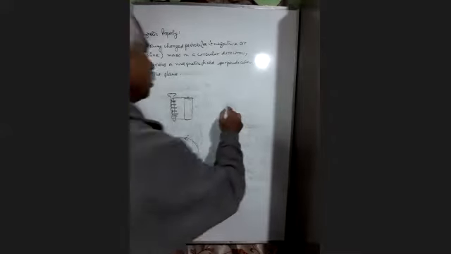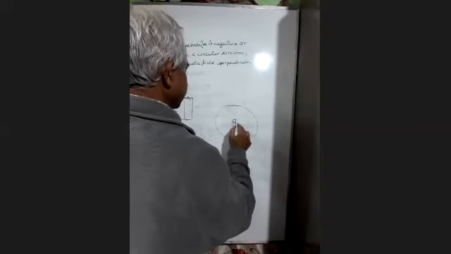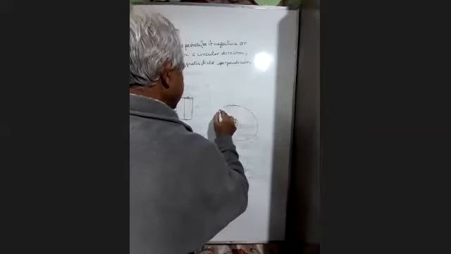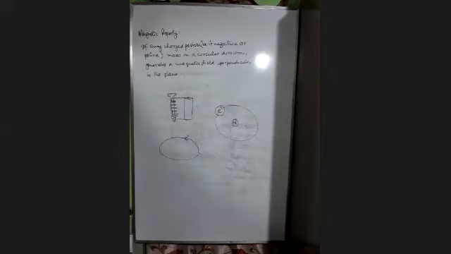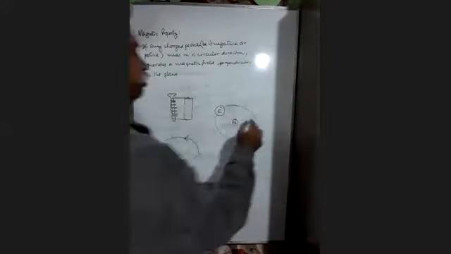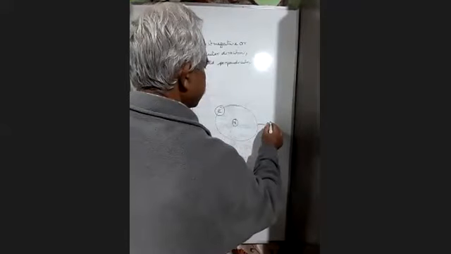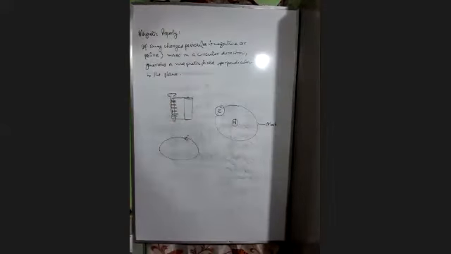So in an atom, what do you have? There is a nucleus, and the electron is moving. When it moves along the orbit, it generates a magnetic field.